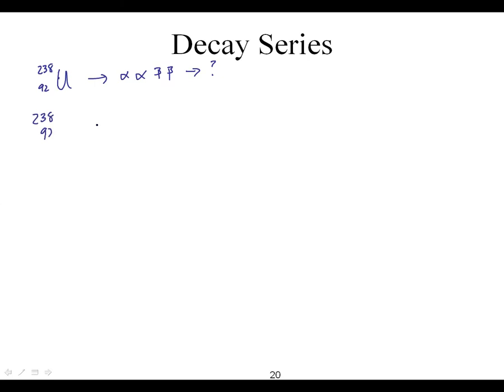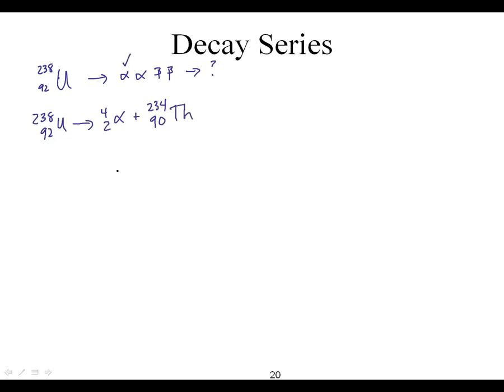It is first going to go through an alpha decay, which means your next atomic number would be 90 and 234 up on top. Again, going to the periodic table, we see number 90 is TH. That would take care of that decay process.